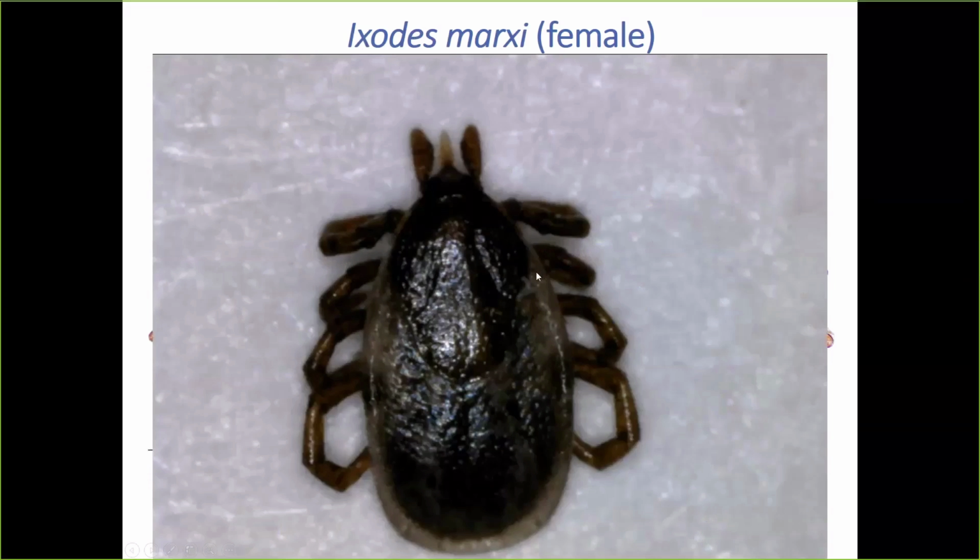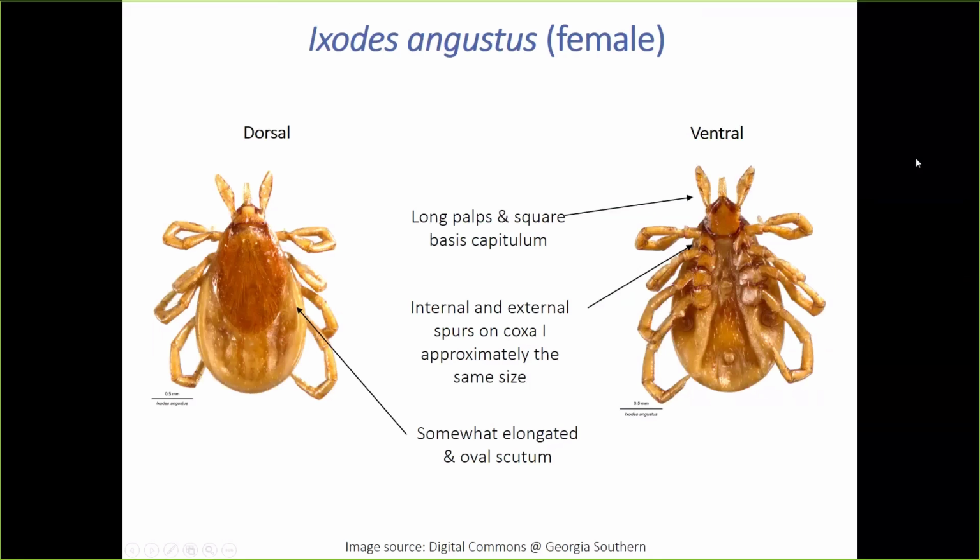When they're collected, they're not always that color. But again, here's one that I've collected or had submitted to us, and you can see the waist-like appearance, and it's much darker in appearance than the ones that I've illustrated there. The last Ixodes you want to look at here is angustus, with a very wide distribution for ticks in general, and these guys have the somewhat elongated but still oval scutum.